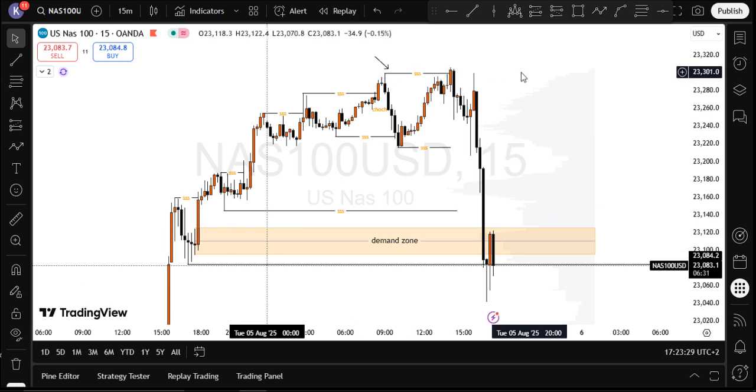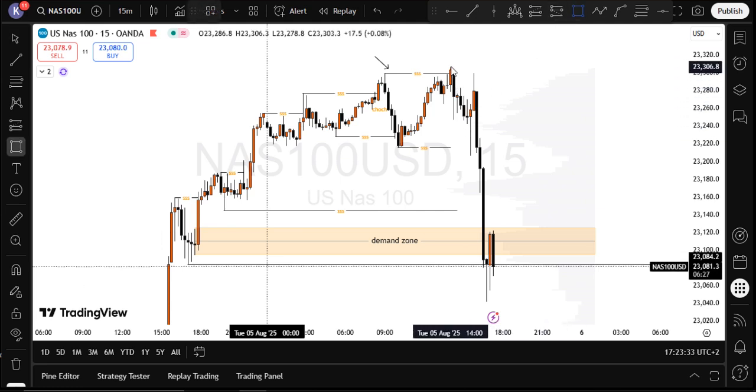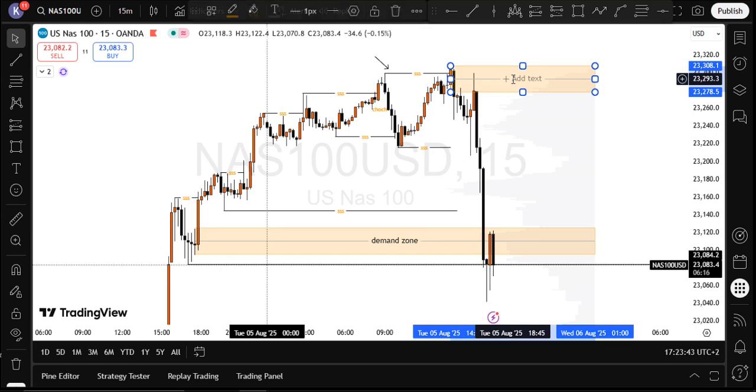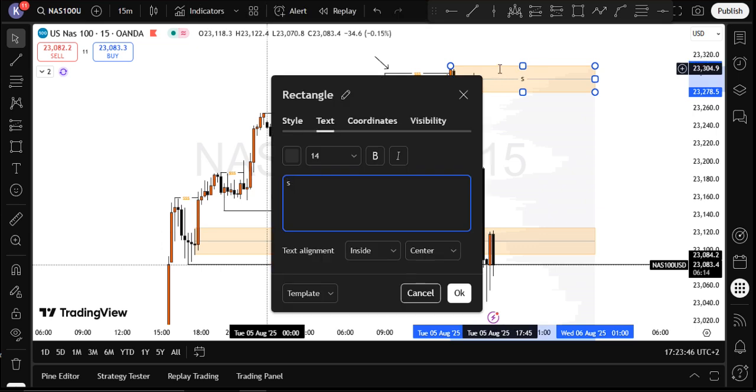And then from there it started pushing to the downside. Then it left us a supply zone. What is a supply zone? A supply zone is the last bullish candlestick before the push to the downside, right? So it left us a supply zone there.